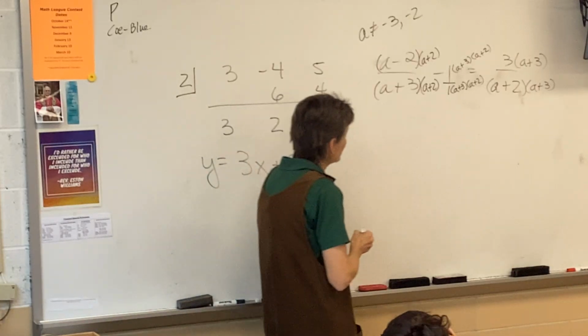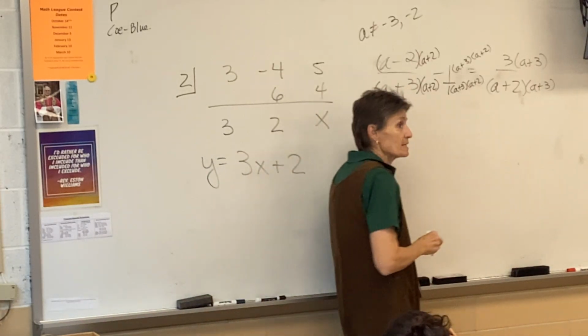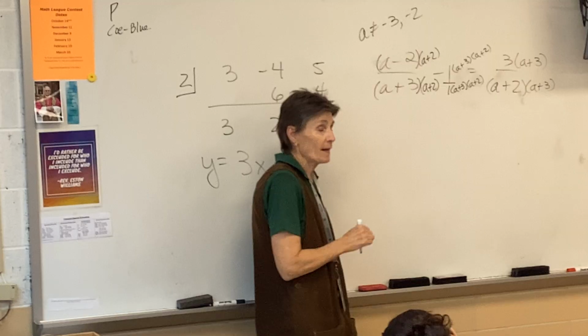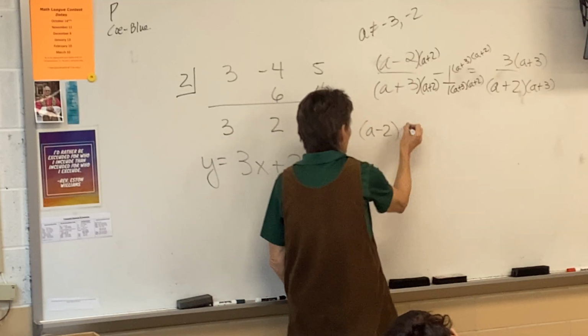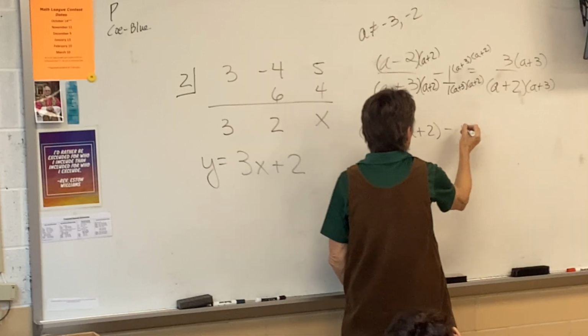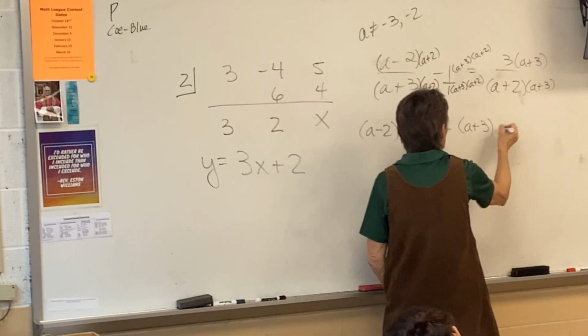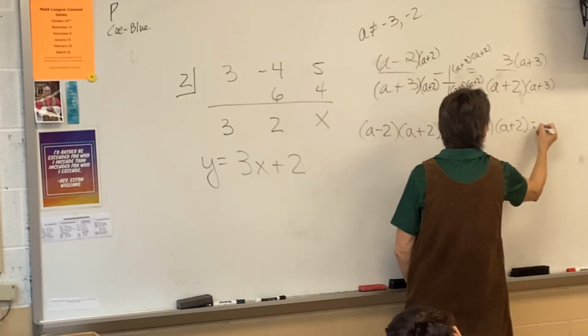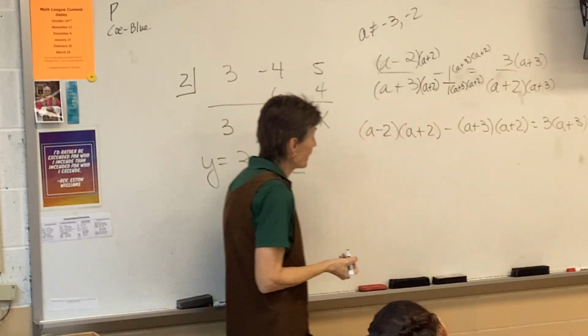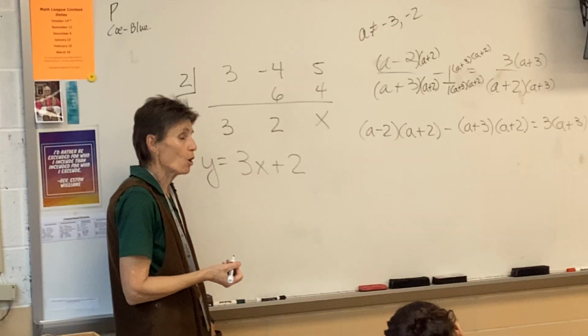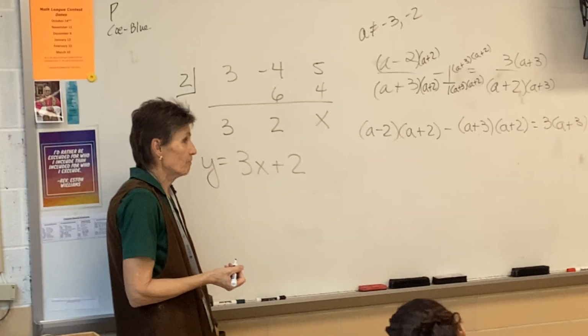Okay, now once all of the denominators are the same, I can disregard them and just look at my numerator. Now there's a lot of math to do, but none of it's hard. Use the FOIL, right?